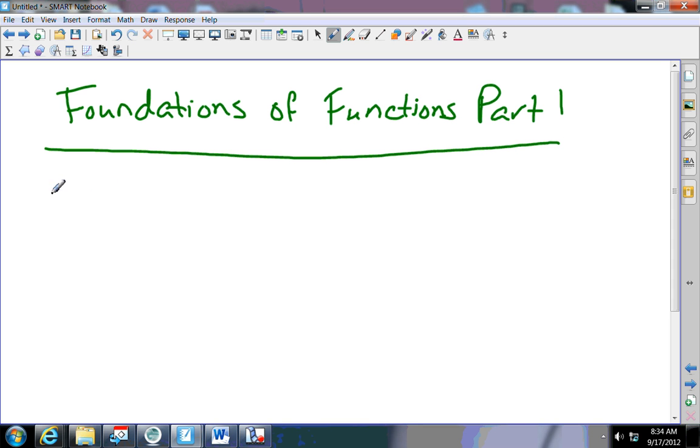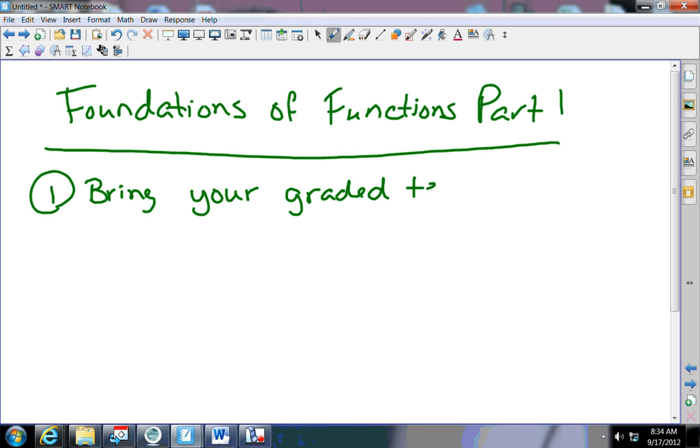You are going to have to, 1, be able to bring your graded test to the reassessment, because I need to be able to see what you missed and what you got right.